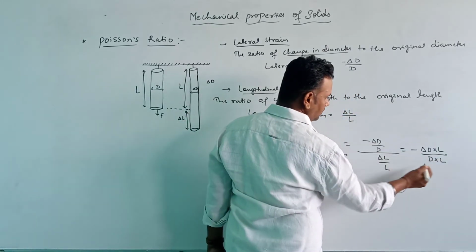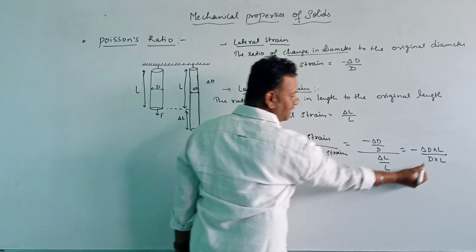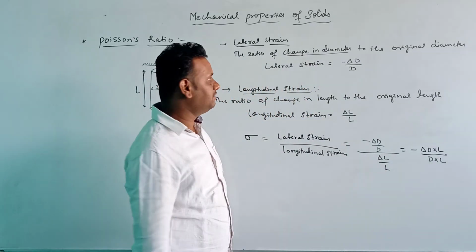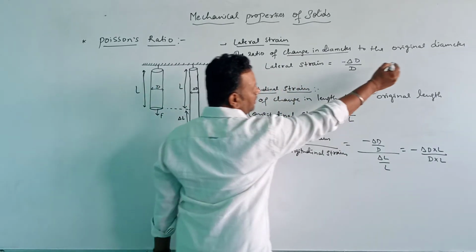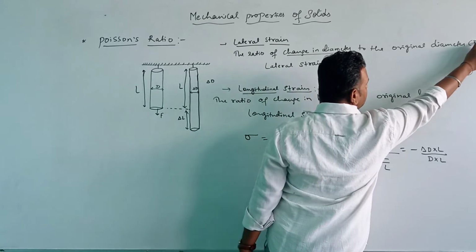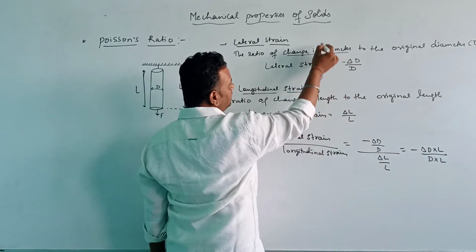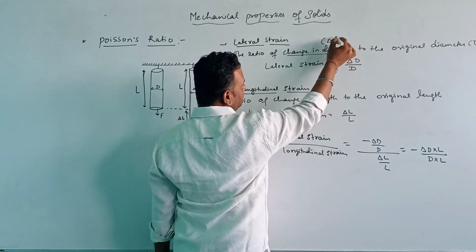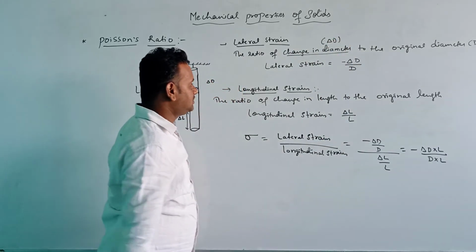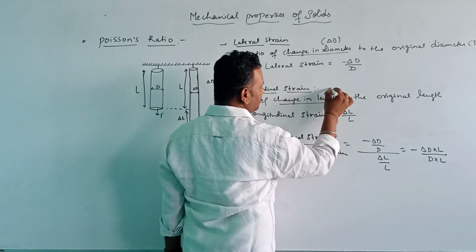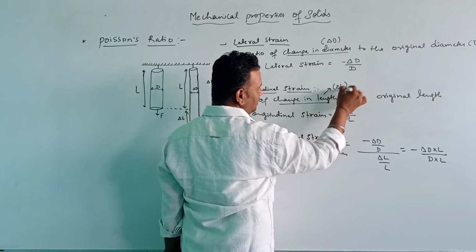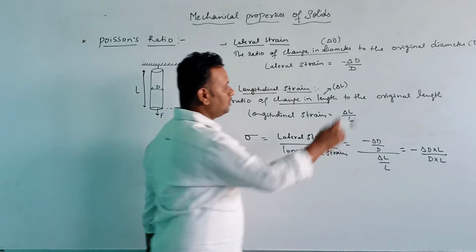Here capital D indicates the original diameter and delta D the change in diameter. Delta L is the increase in length and capital L is the original length.